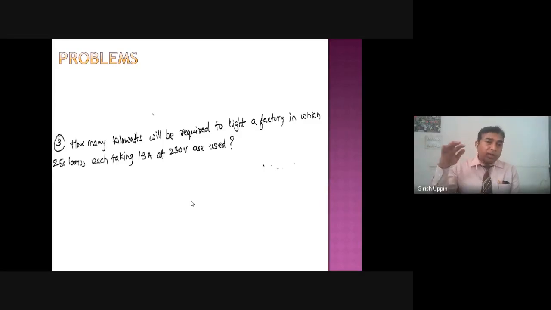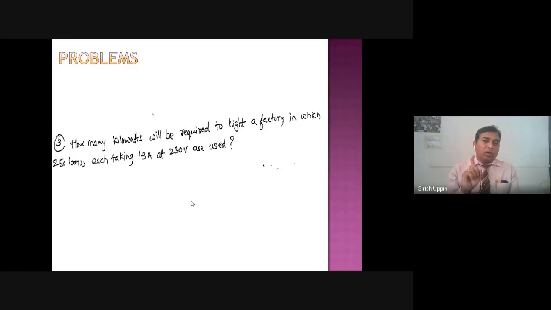There are 250 similar lamps, and each lamp takes 1.3 ampere at 230 volt. So I is given for the lamp, V is given for the lamp. So we should be able to calculate power for one lamp. How much power is consumed by one lamp?